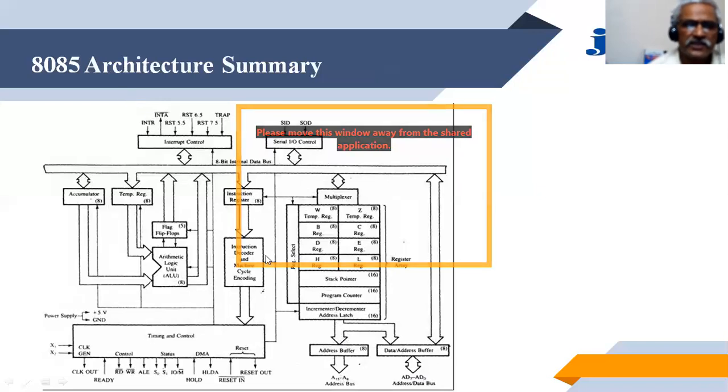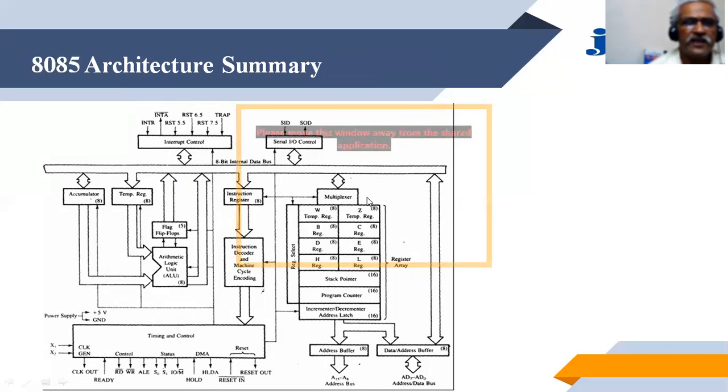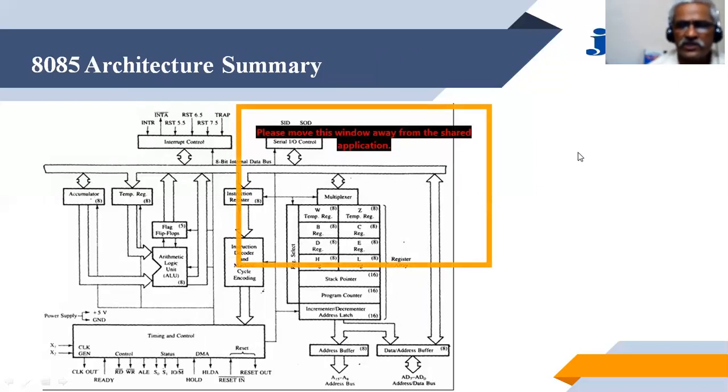It has an instruction register and a decoding unit. It has a timing and control unit. It has an ALU part. It has an interrupt control unit and the serial IO control unit. So this is all in the 8085 architecture summary. See you in the next video.